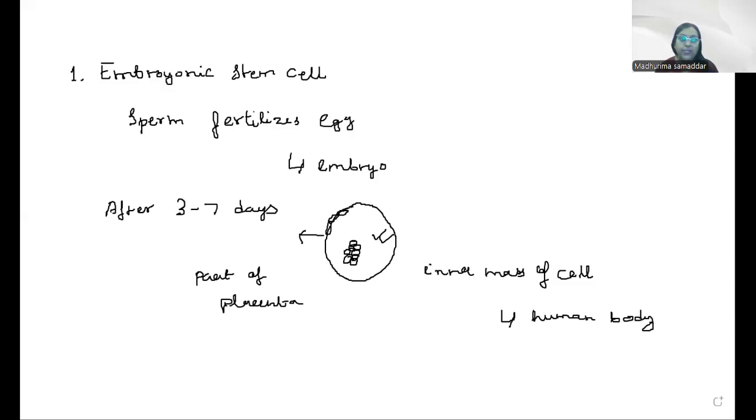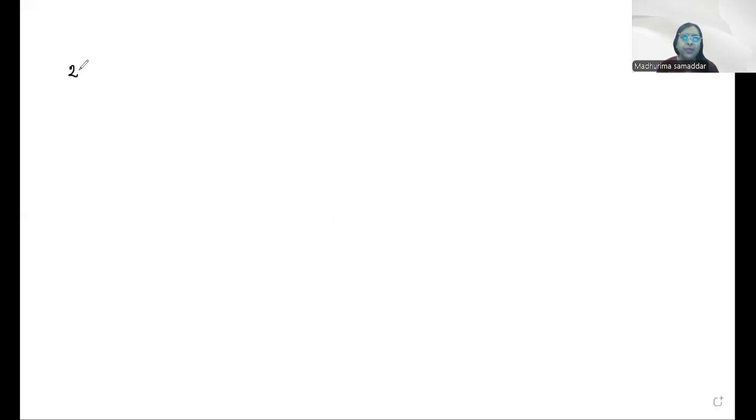Okay? What is the second type of stem cell? Adult stem cell. Adults are having the stem cell throughout the life. Okay? So if you consider in the gut and bone marrow, the stem cells are continuously dividing so that it can form new body tissue.